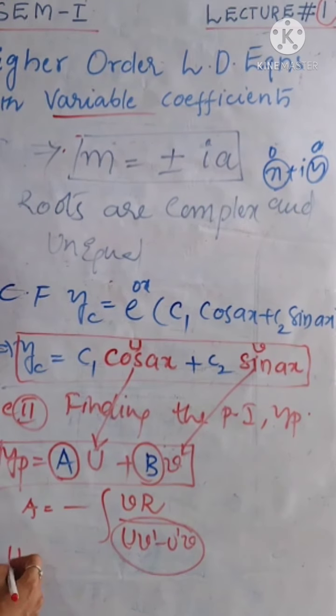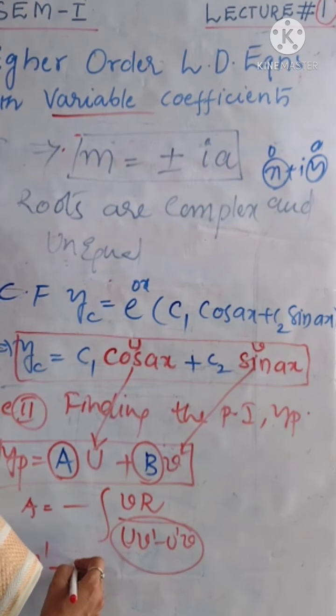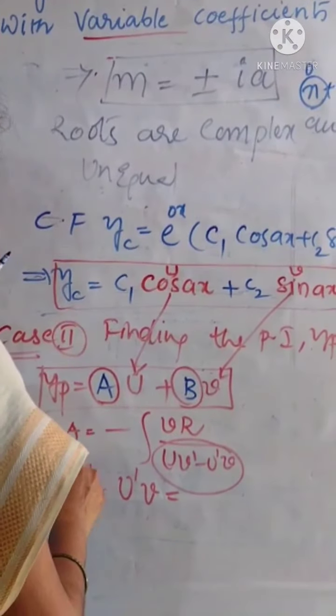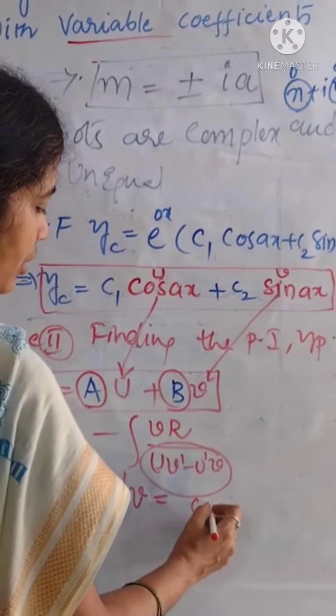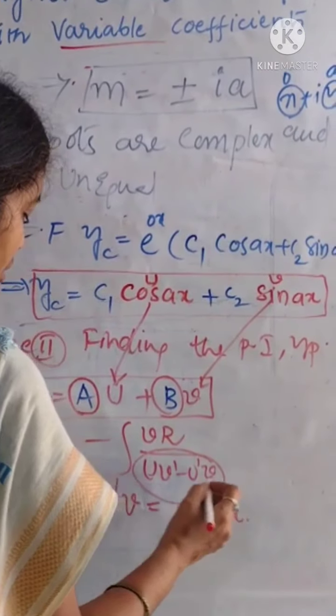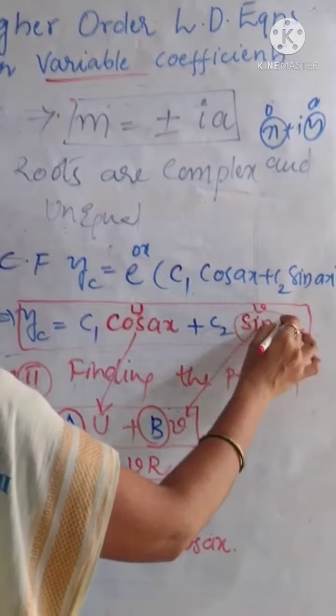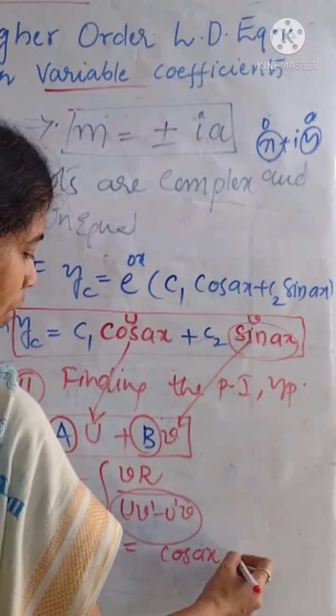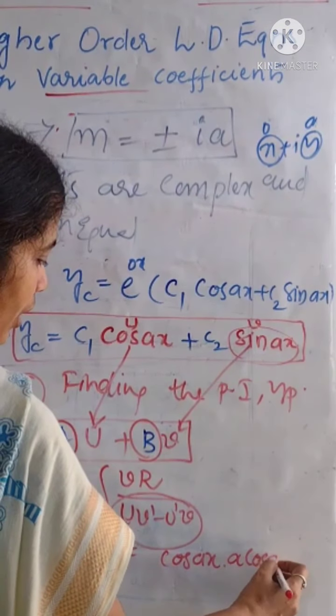The denominator is the integral of u into the derivative of v minus the derivative of u into v. The u value is cos ax into the derivative of v. What is the derivative of sin ax? That is a cos ax.